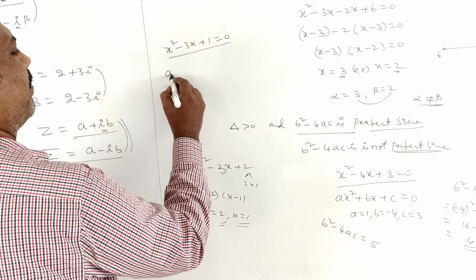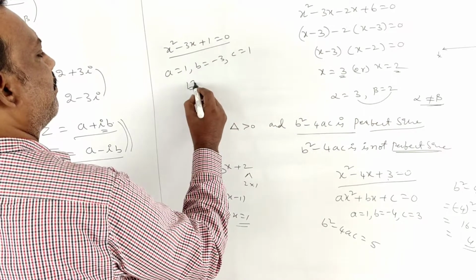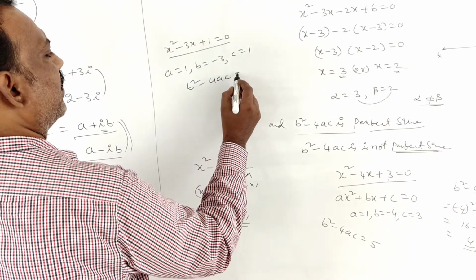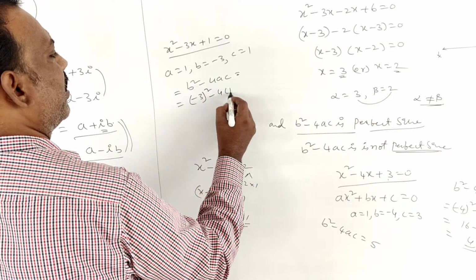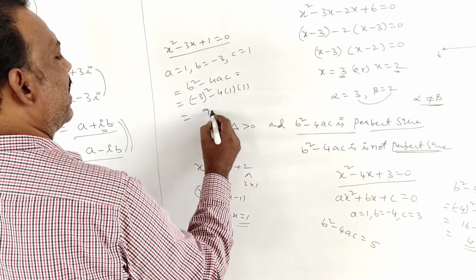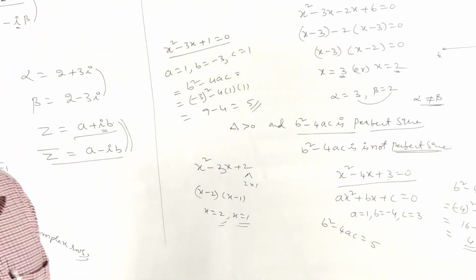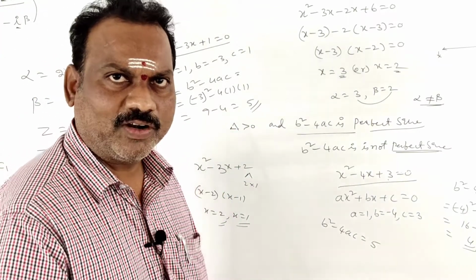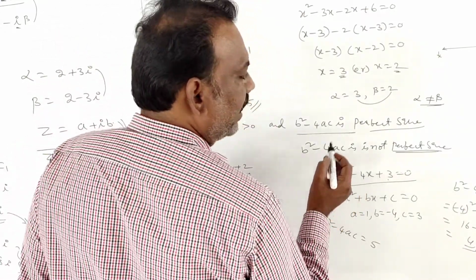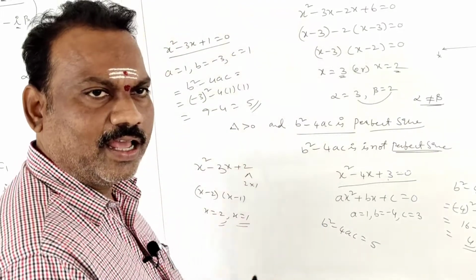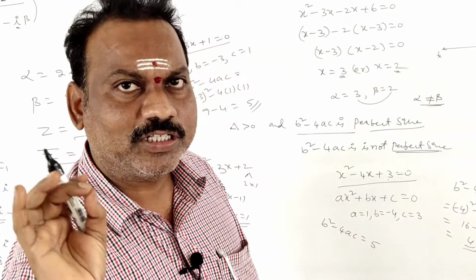Here a is equal to 1, b is equal to minus 3, c is equal to 1. b square minus 4ac, we are calculating this: b value minus 3 whole square, 4 into a value 1, c value 1, 9 minus 4, you are getting 5. 5 is not a perfect square. If it is not a perfect square, in that case we will say that roots are real, distinct, unequal and irrational.